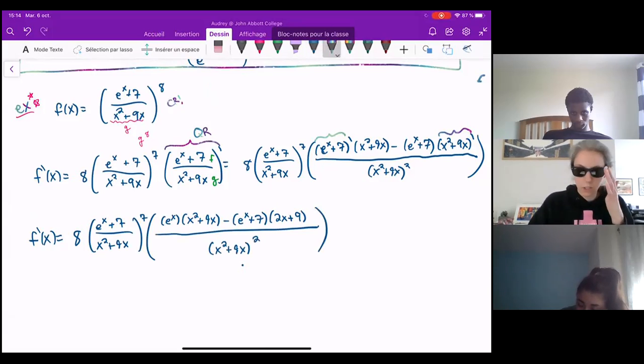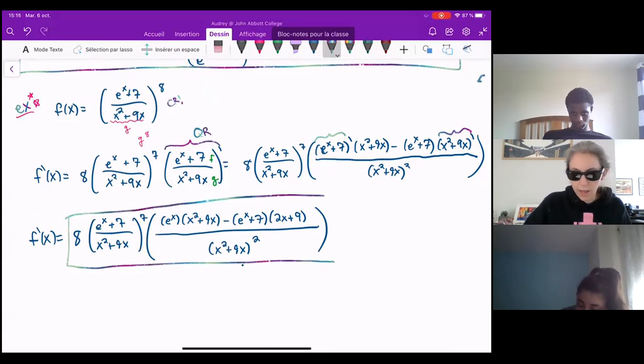And that's my final answer. And ultimately what happened here is my main rule that I applied was a chain rule, but inside of that chain rule, I had a quotient rule. So this was a quotient rule in a chain rule.